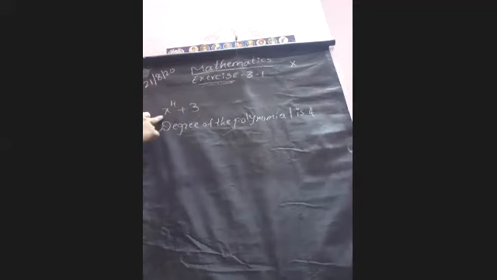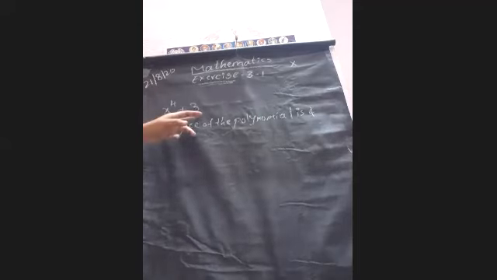Here, how many terms are there? 2 terms are there. So when we check the degree according to the types, it will become a biquadratic polynomial. When we check the number of terms, how many are there? 1, 2.